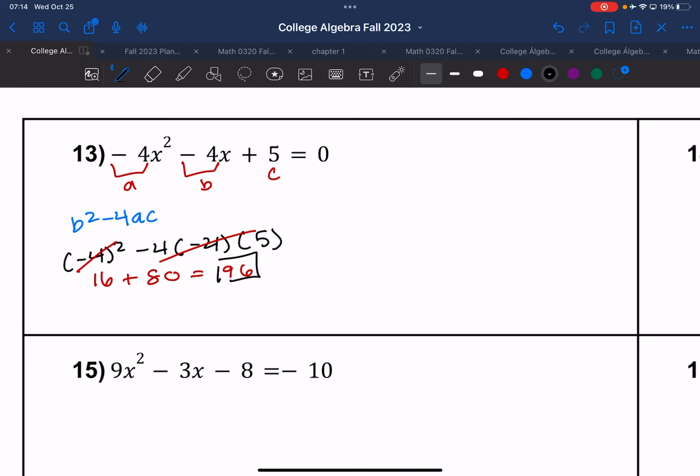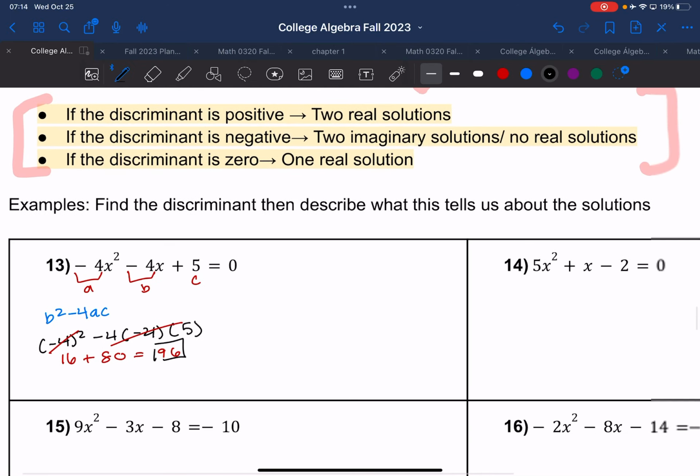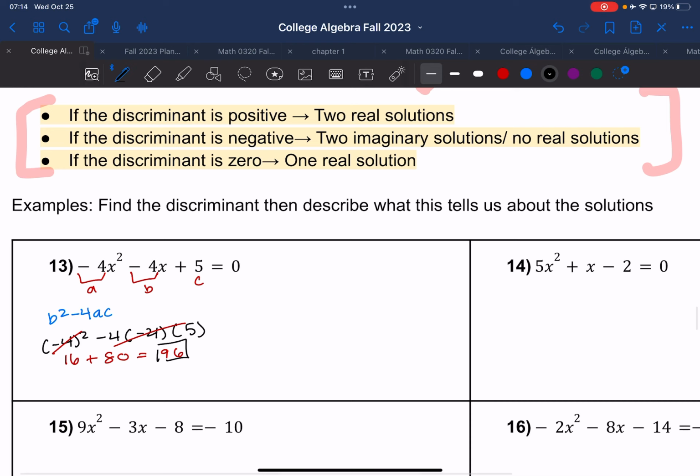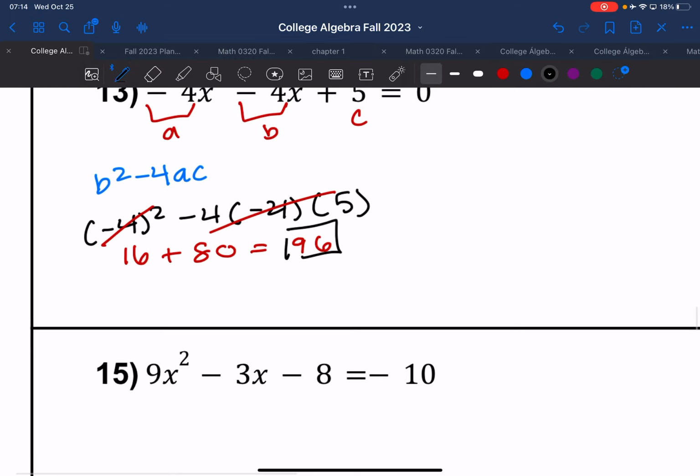Okay, so looking back up at this chart, which one describes our 96? The first one, because it says the discriminant is positive. So since we have a positive number, this tells me we're going to have how many solutions? 2 real solutions.